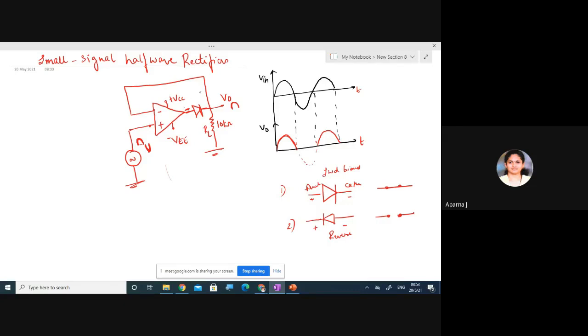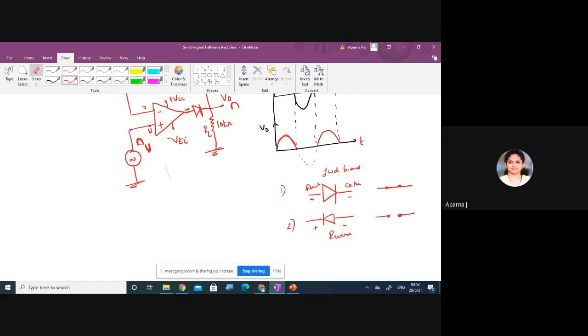This terminal voltage is almost zero, since it is connected to this load via ground, and here you're applying a negative voltage. So since this terminal voltage is more, output will be almost at a negative value, that is minus Vsat. So due to this negative voltage, this diode will be reverse biased. Reverse biased means it is acting as an open circuit.